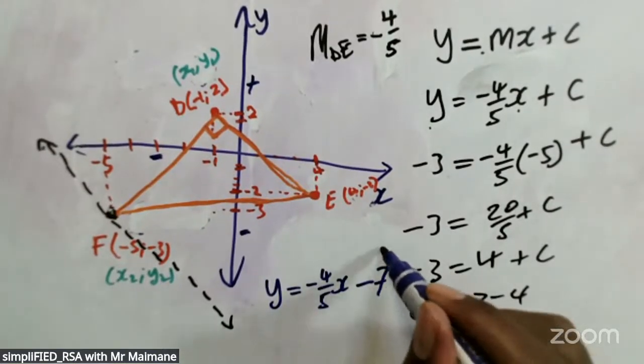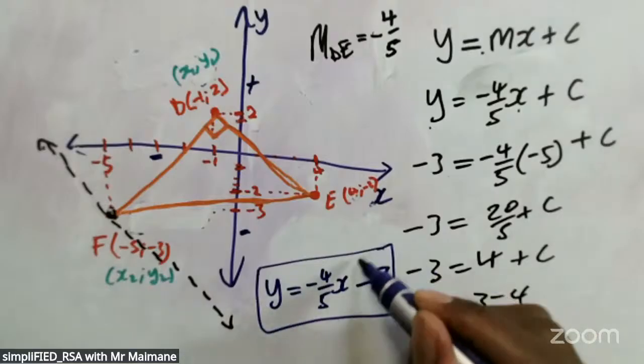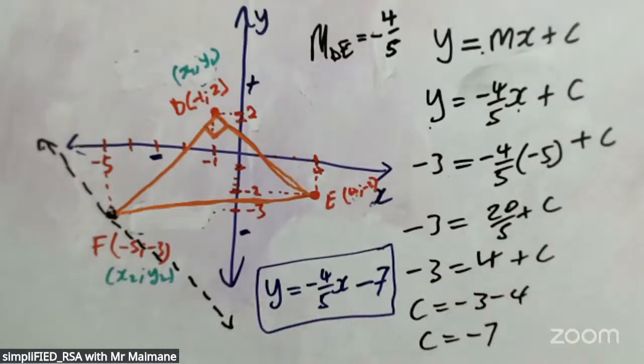Just like that, you win. All because you were able to remember that when lines are parallel, their gradients happen to be equal.